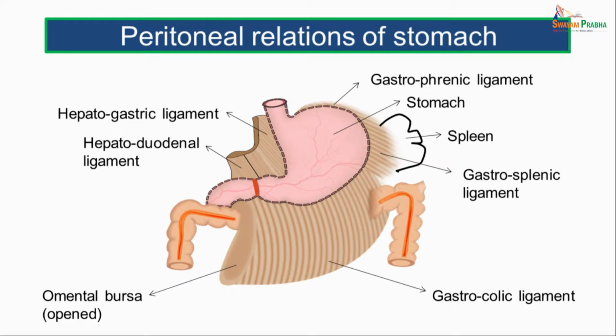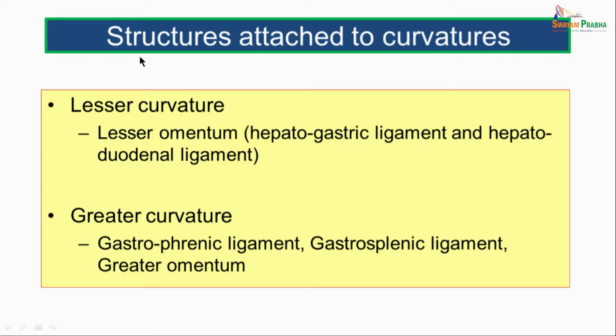This greater omentum is having a lot of fat deposits in it and also plays a major role in preventing the spread of infection from the intestinal coils. Thus, it is also called as the police guard of the abdomen. This shows the structures attached to the two curvatures.